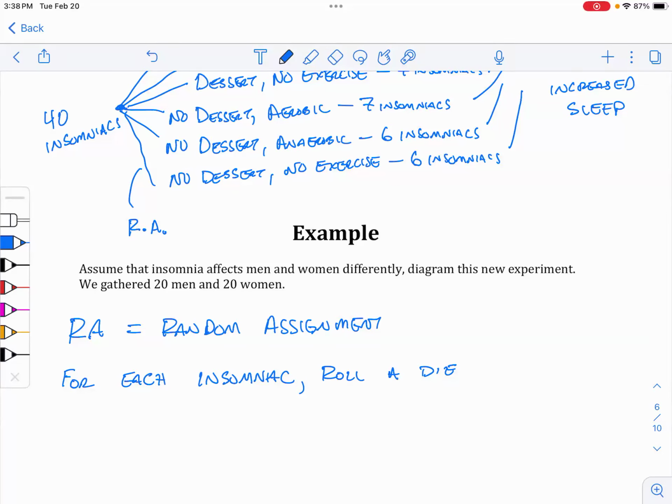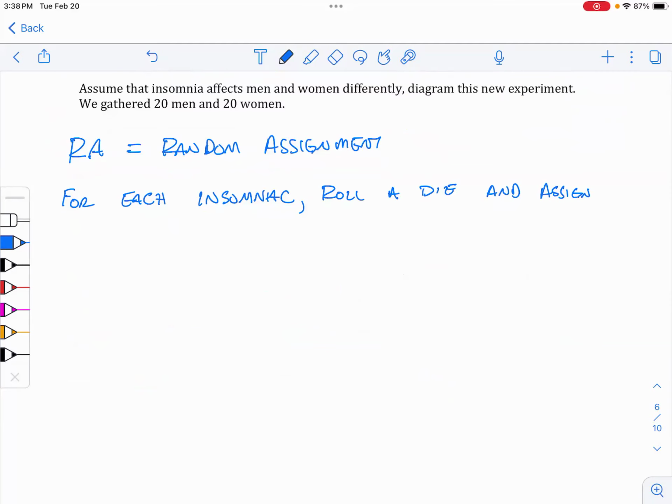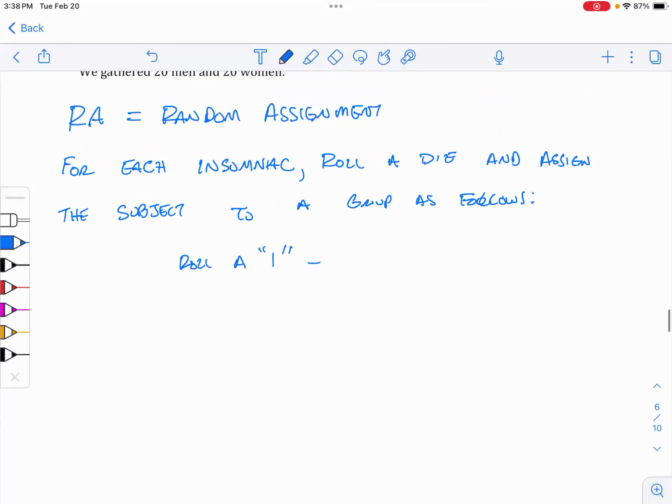Roll a die and assign the subject to a group as follows. Roll a 1, desert aerobic. Etc.